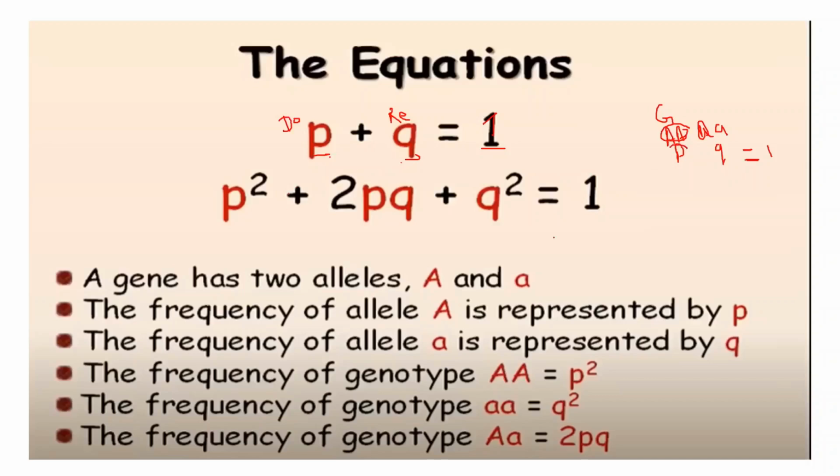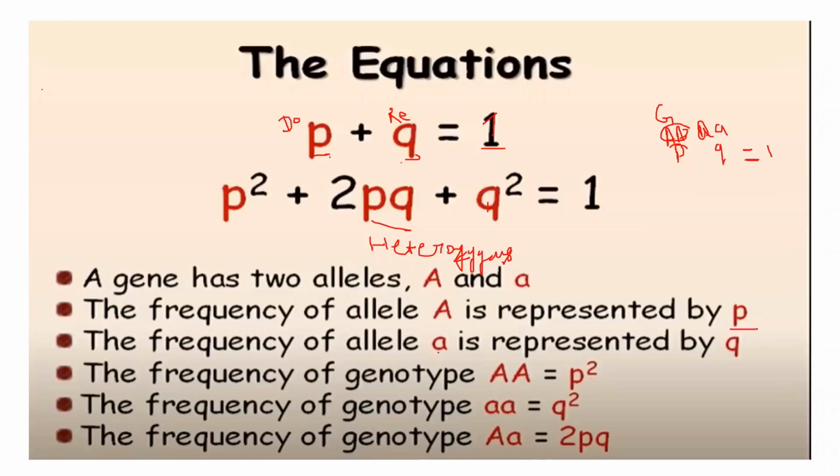So in that case, when you are crossing in a genetic scenario, you have p square and q square for homozygous dominant and homozygous recessive, and 2pq represents the heterozygous form of the gene. The frequency of allele A is represented by small p.